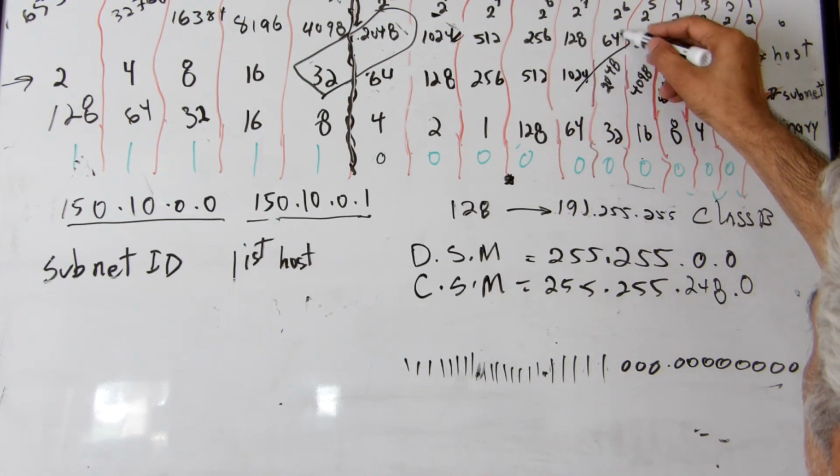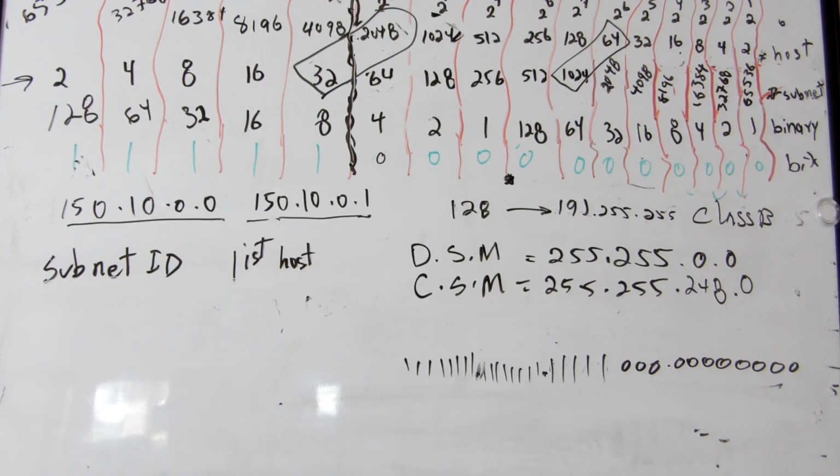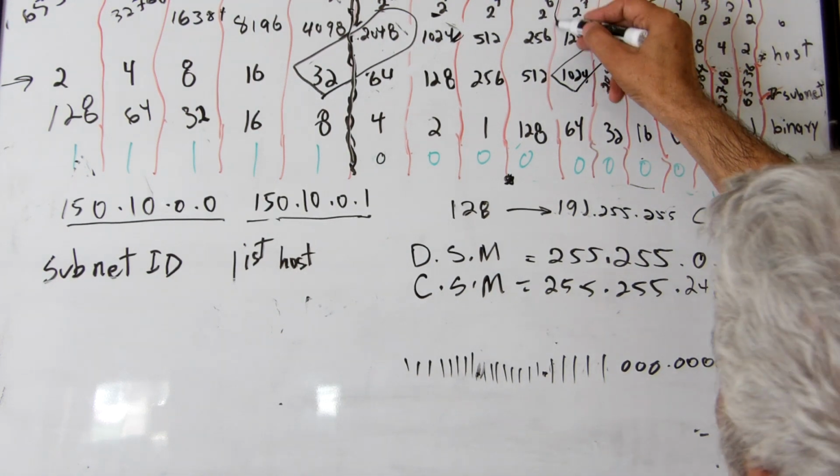So you're going to choose this one. If they say we need 1000 subnets and 64 hosts in each subnet, you have to choose this one, and then you draw the line here.